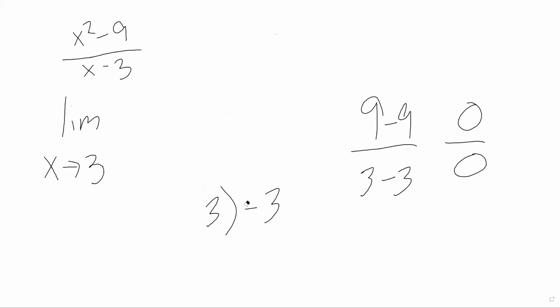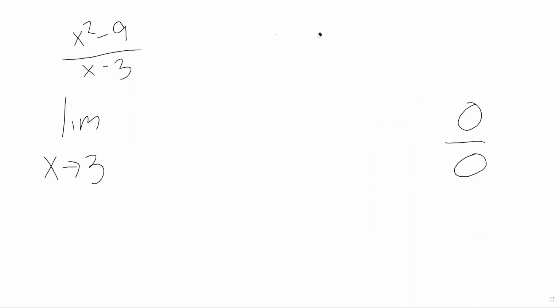Whatever, same steps. The only problem here is that the rule for when you have 0 over 0 is that you can't have it. You have to do something in order to make it disappear and get the actual answer. So if you have something that's 0 over 0, it's considered indeterminate form.